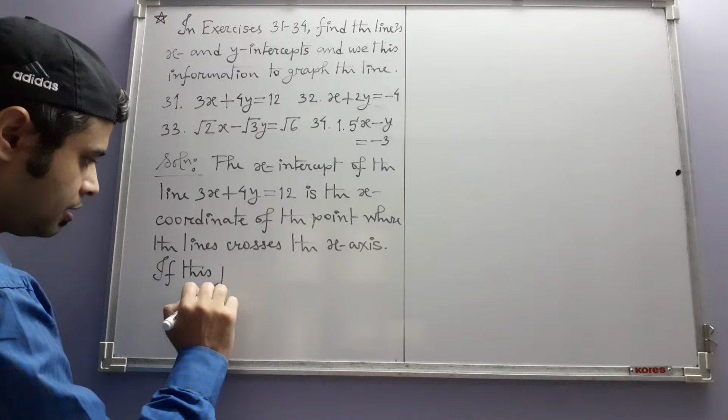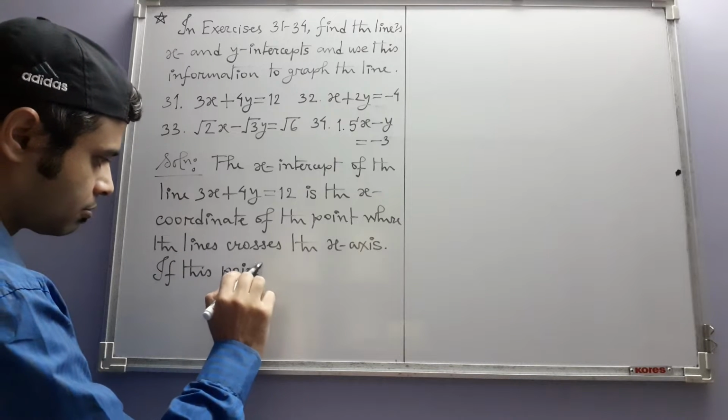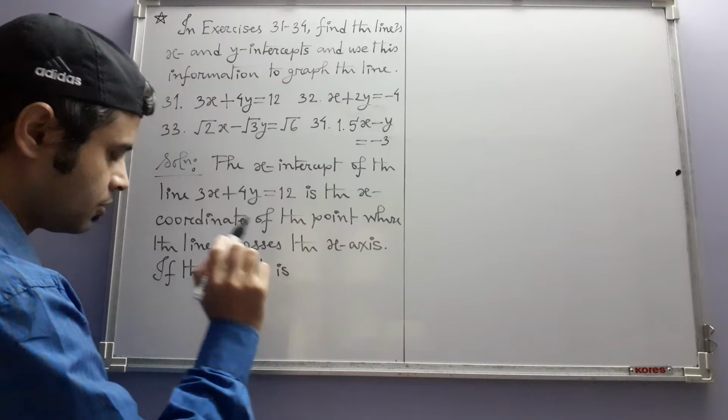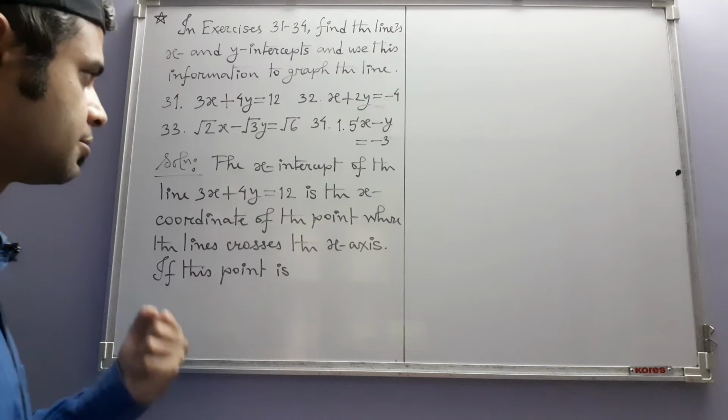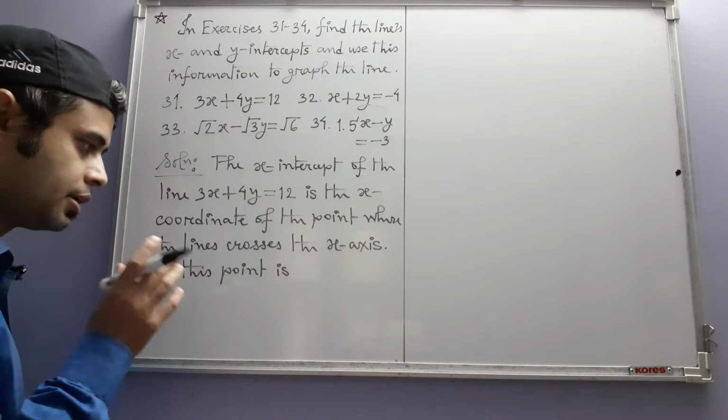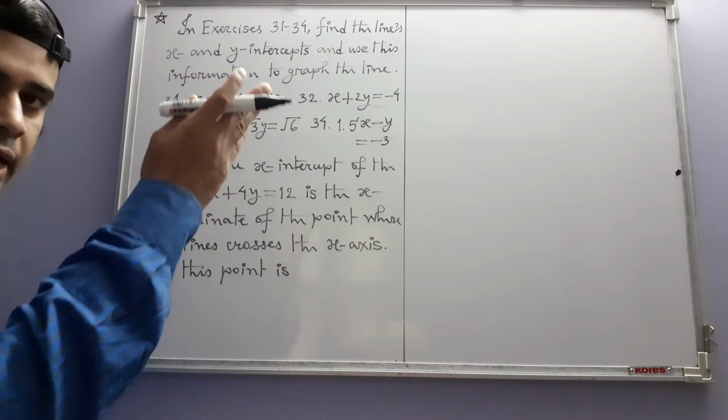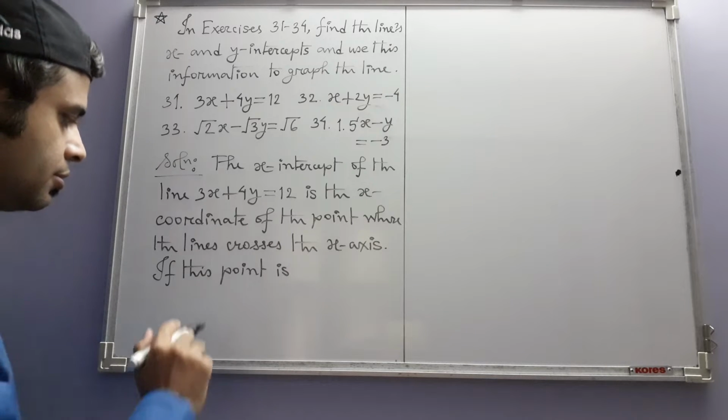Okay, so we know what x-intercept is. It is the x coordinate of the point where the line crosses the x-axis.